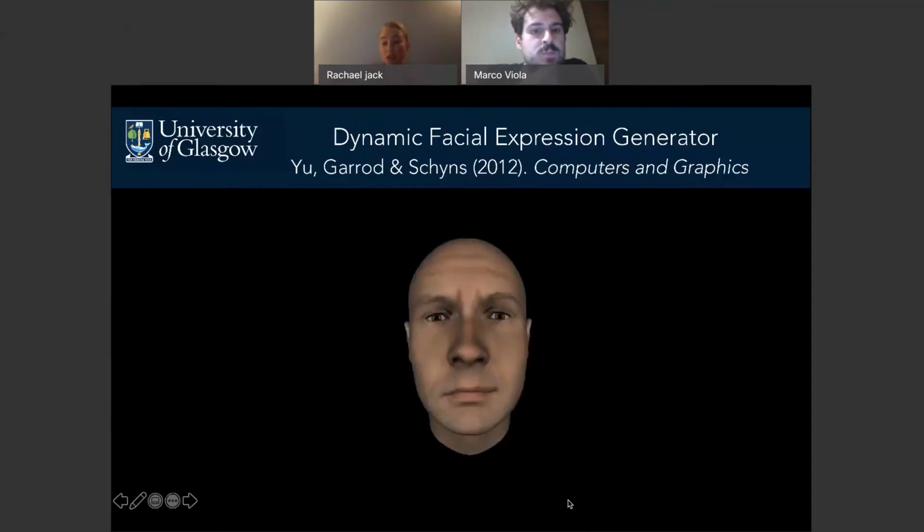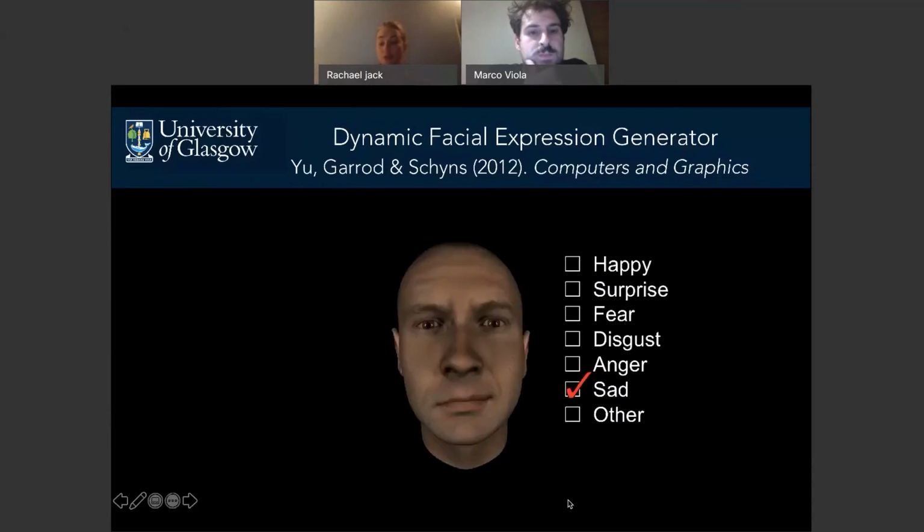So again, we're just agnostically selecting facial expressions, if you like. Then we show it to the participant who's naive, and we ask them to categorize the facial animation according to, for example, in this case, the 6 classic emotions. If we're interested in modeling facial expressions of the 6 classic emotions here, we use these labels simply.